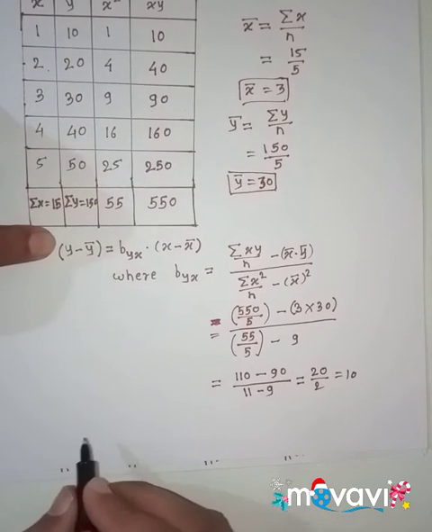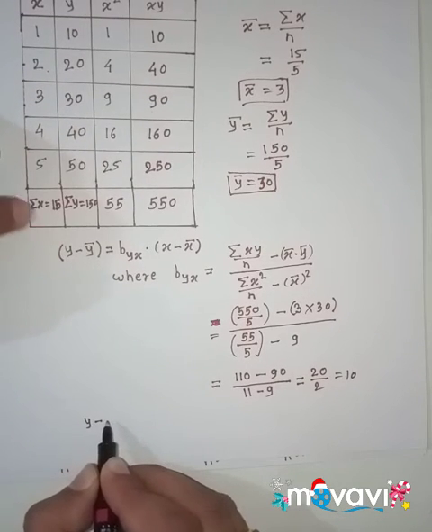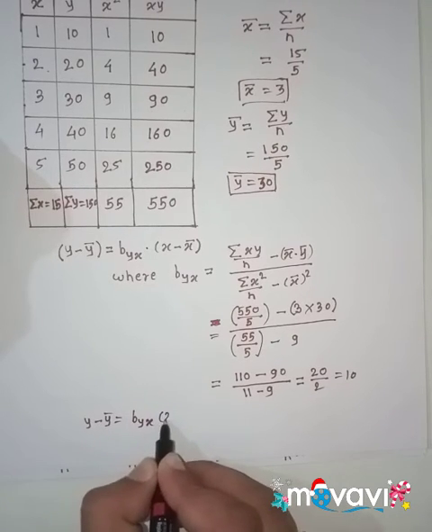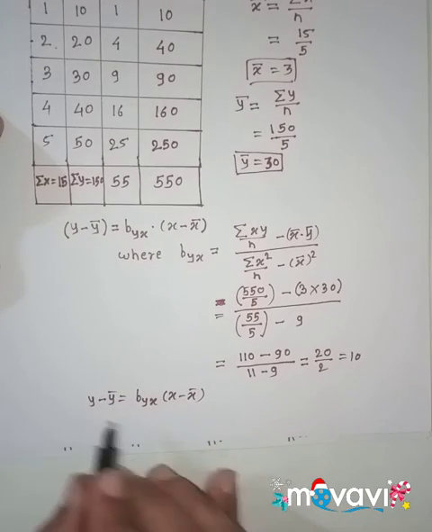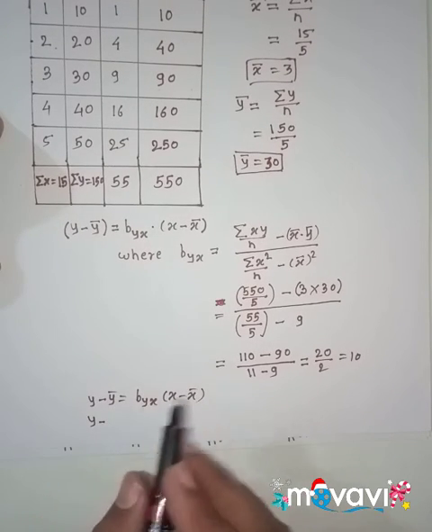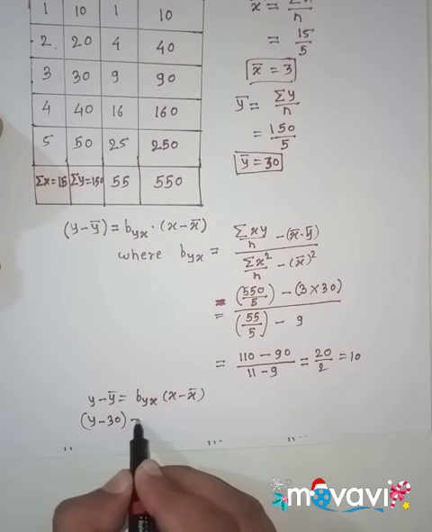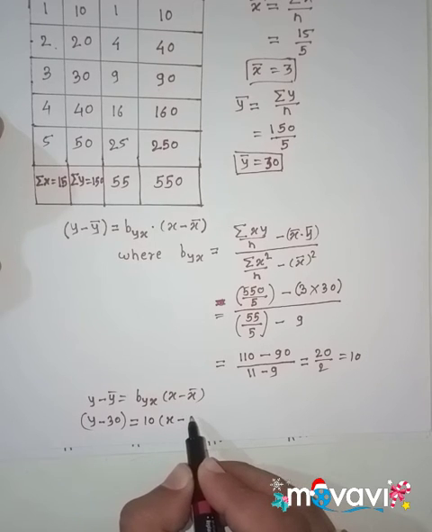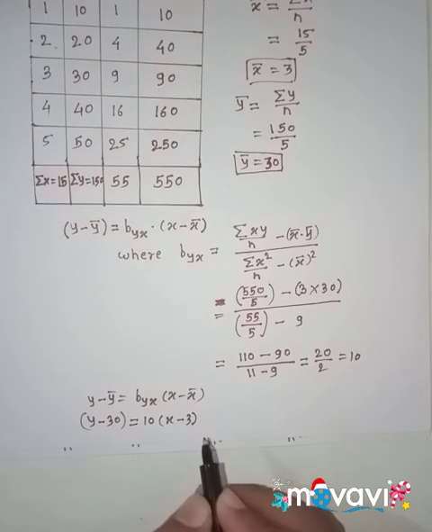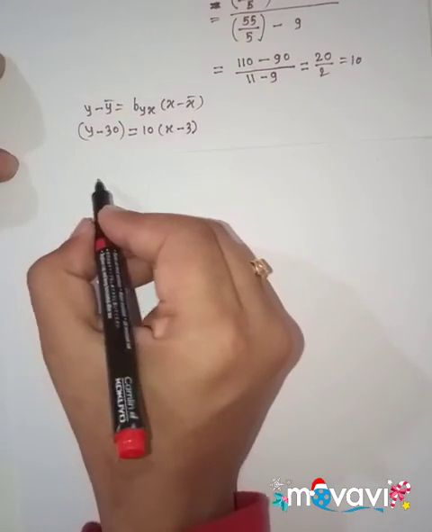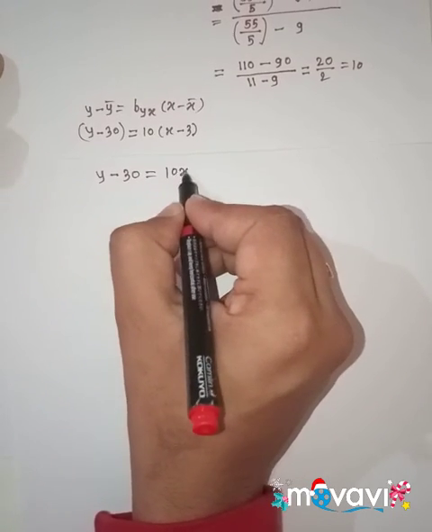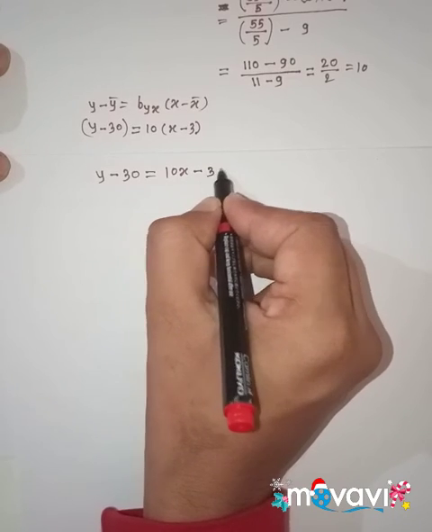Then use this formula, y minus y bar is byx into x minus x bar. So here y bar is 30, byx is 10 into x minus x bar, which is 3. So y minus 30 is equal to 10x minus 30.